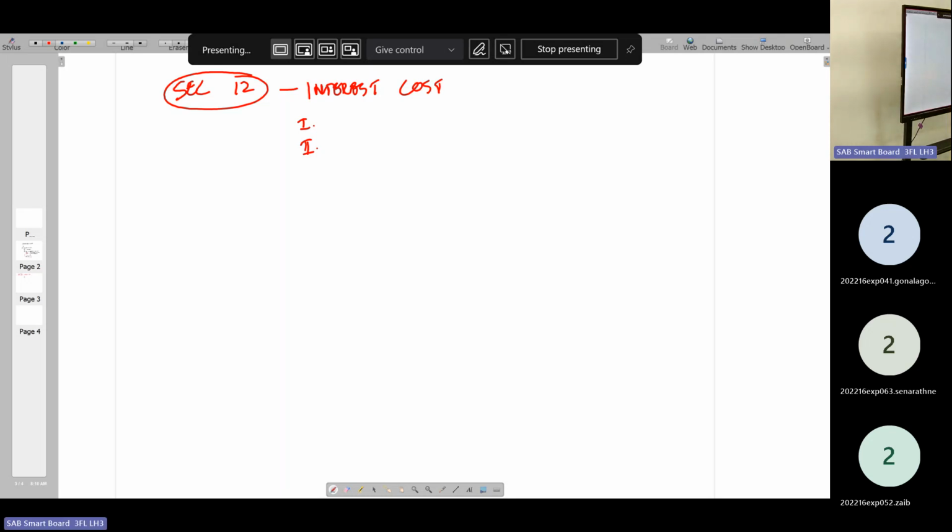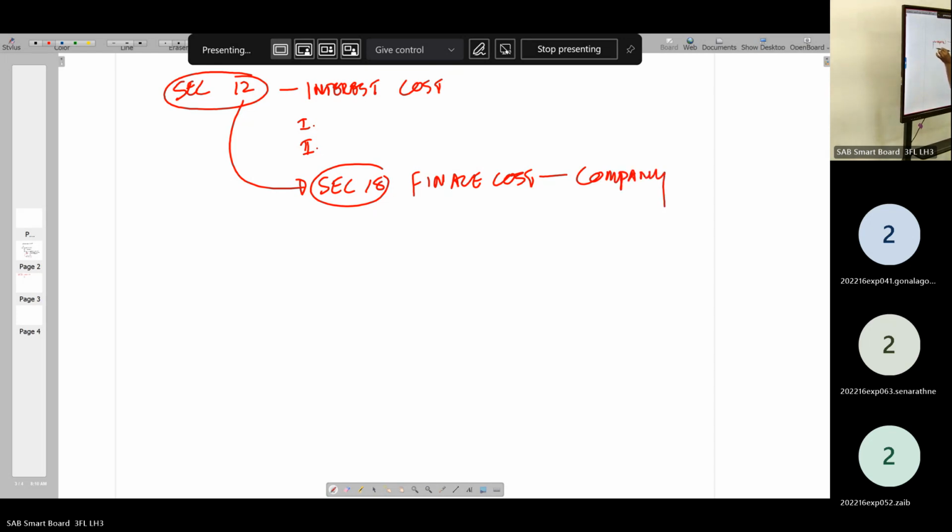Thereafter, another section is linked to the section where we are deducting interest cost, or finance cost. From the allowable finance cost, there is a maximum limitation to deduct per year, which is applicable only for a company.